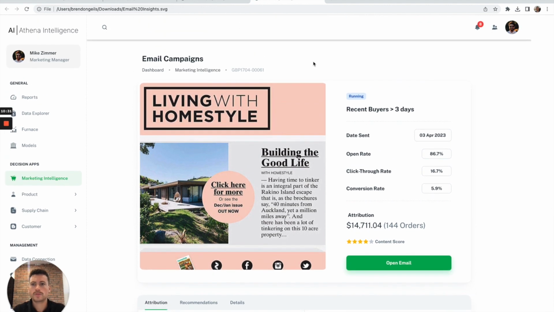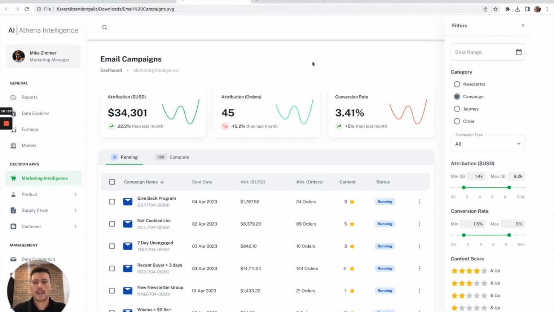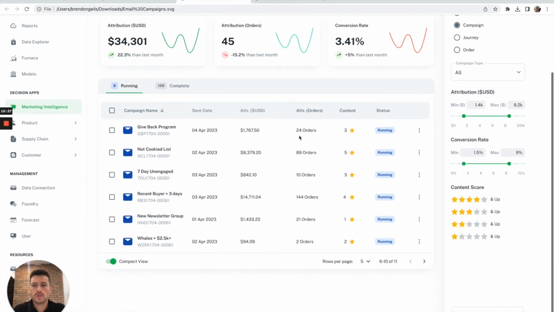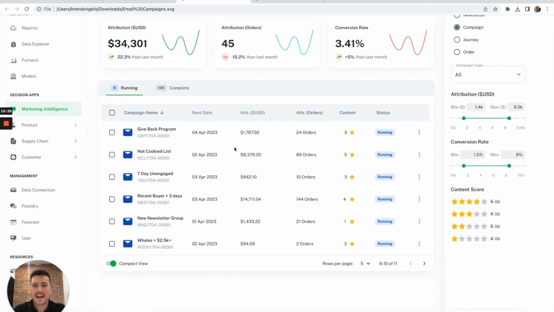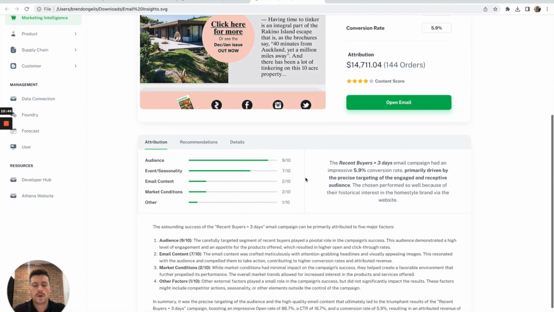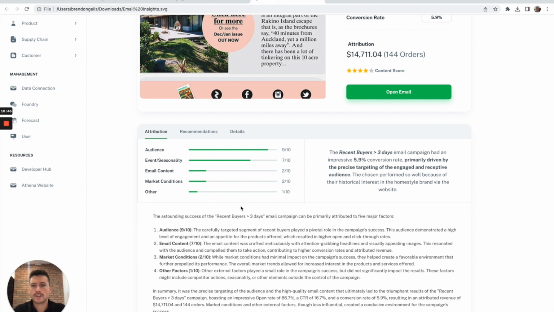So the example we just walked through was email marketing campaigns from the system-wide level through to historical email campaigns and the attribution against each one, and then into a particular email campaign, so that we could perform this root cause analysis.